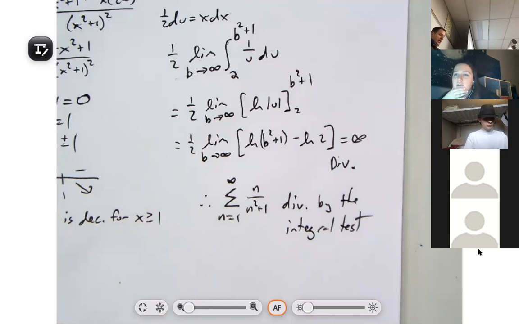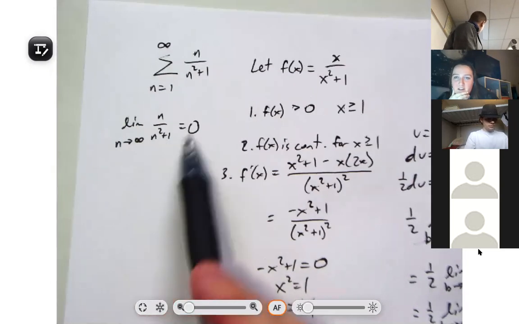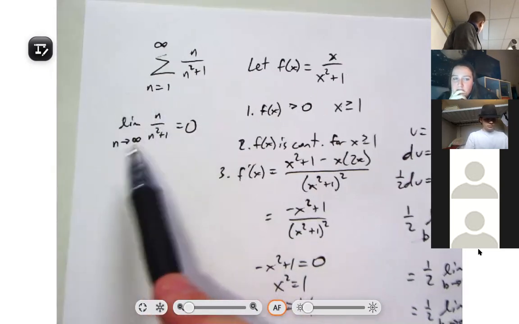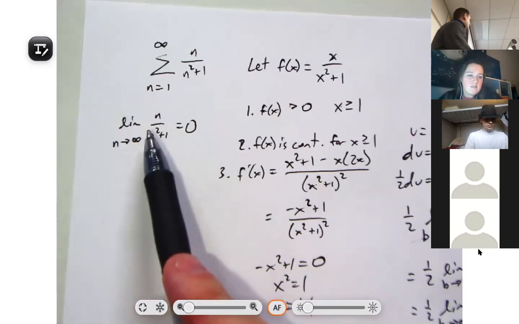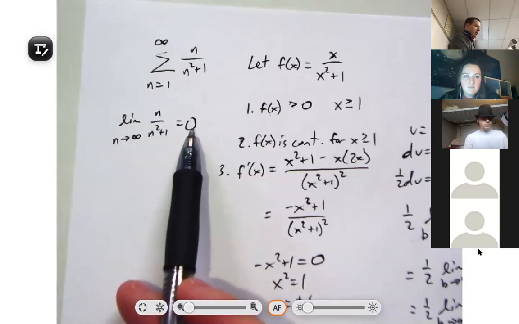Earlier we did the nth term divergence test, and it says it converges. Is that just saying it could converge or diverge? At this part right here, you mean? Yeah. Like I said last time, 19 out of 20 times, if you're given a bunch of series, this will equal 0.